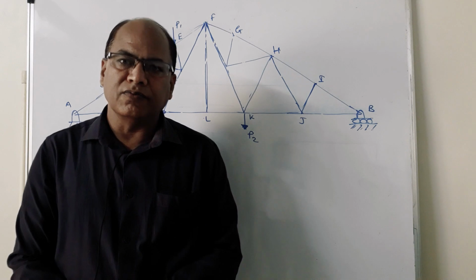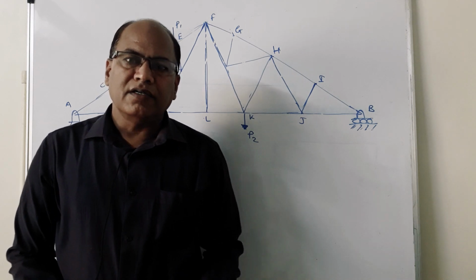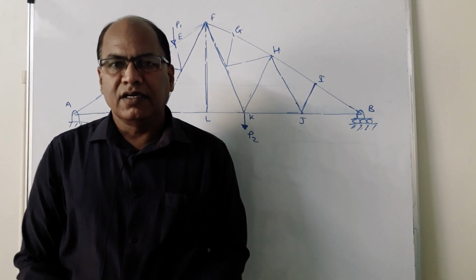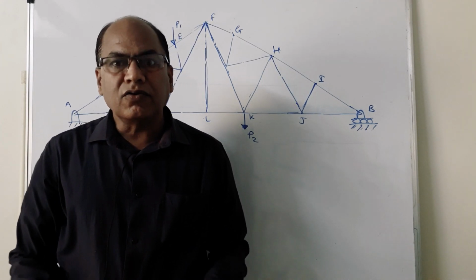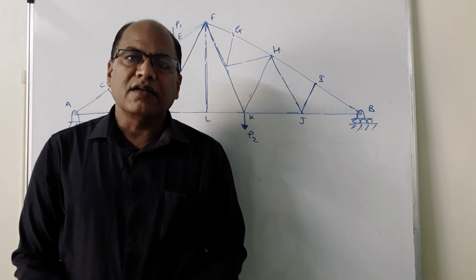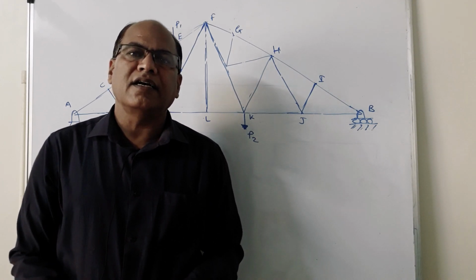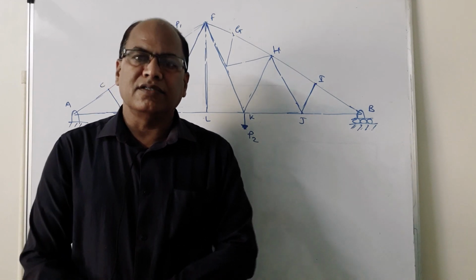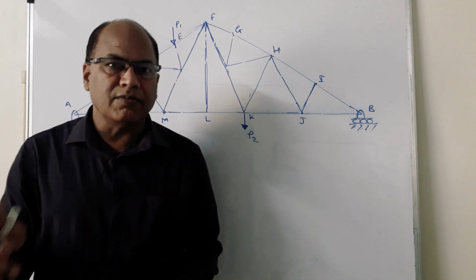Thumb rule number 2. If at a joint three members are meeting, and out of these three members, two members are collinear and there is no external force or reaction acting at that joint, then the non-collinear member is a zero force member. So there are two thumb rules.